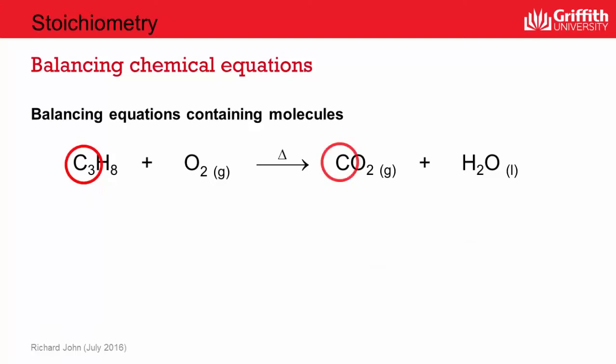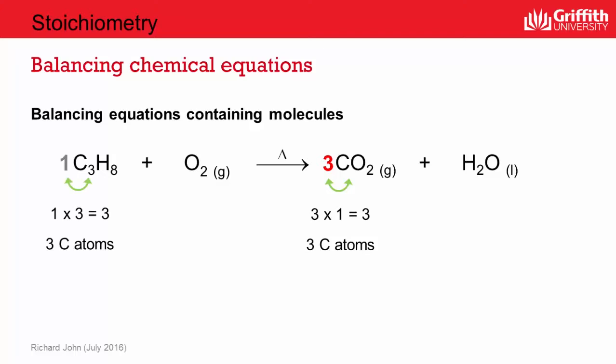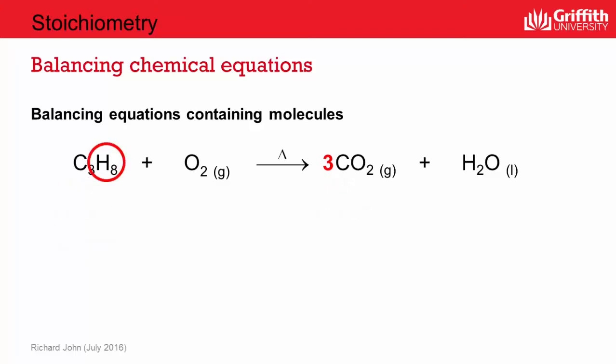We've got 3 carbons on this side and only 1 carbon on this side. So in order to balance the carbons out, I'm going to put a big 3 in front of the carbon dioxide. That gives me 3 times 1 carbon atoms on the right hand side, and that's good because it matches the 1 times 3 carbon atoms that we've got on the left hand side. The next element I'm going to try and balance is hydrogen.